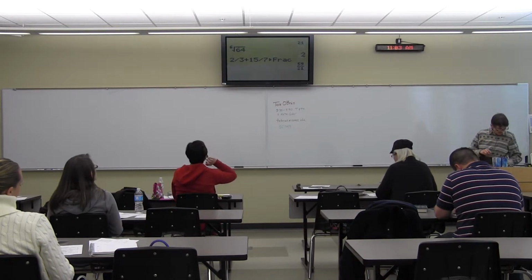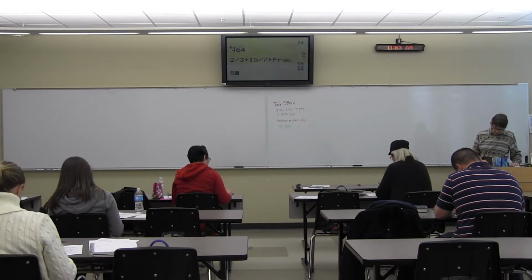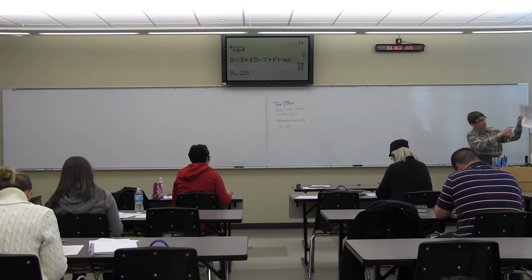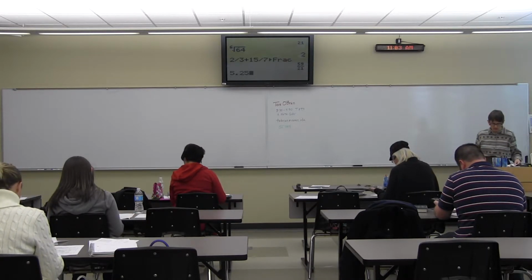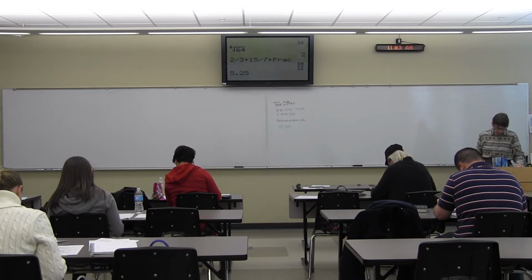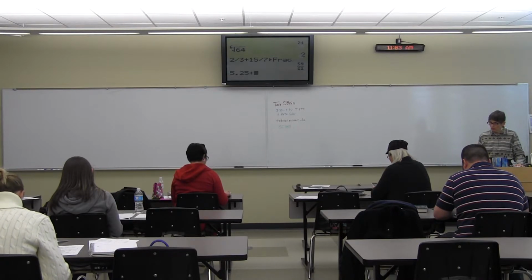Now, let's type in the following calculation. It's the one on your handout that's at the bottom of the page, the very last calculation. So it's 5.25 plus the square root of 3. How do I get the square root?